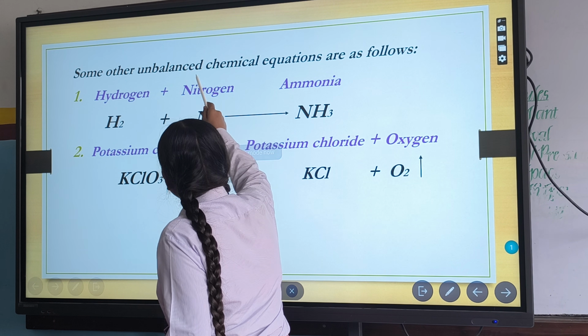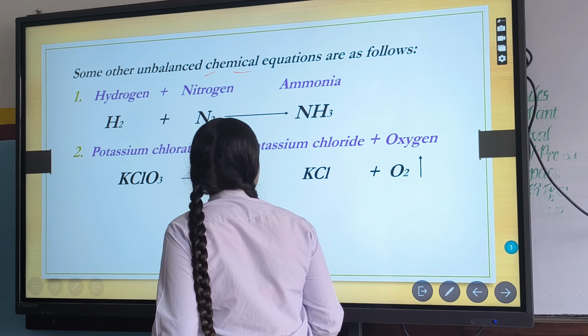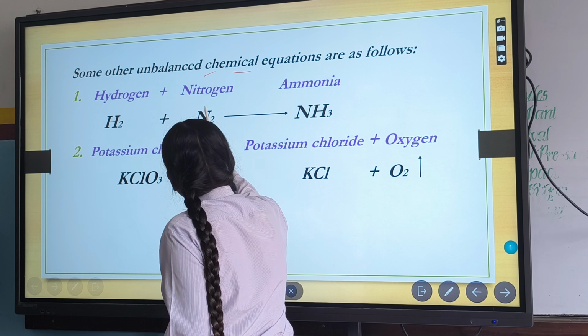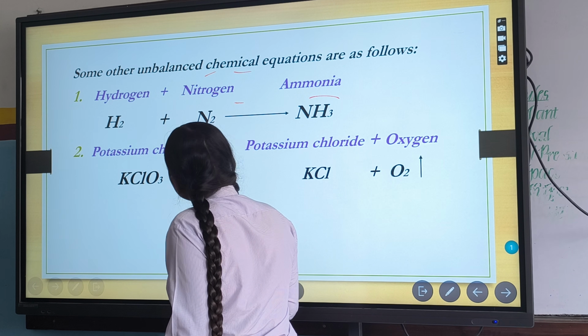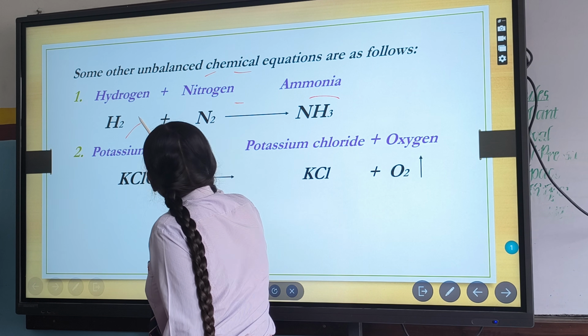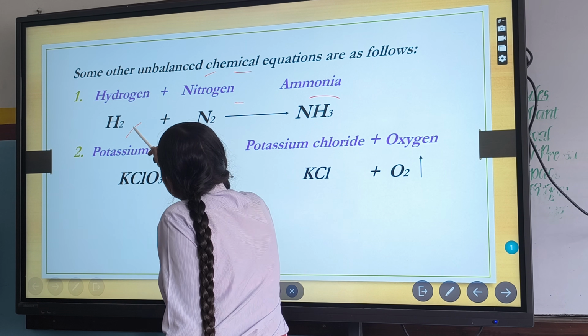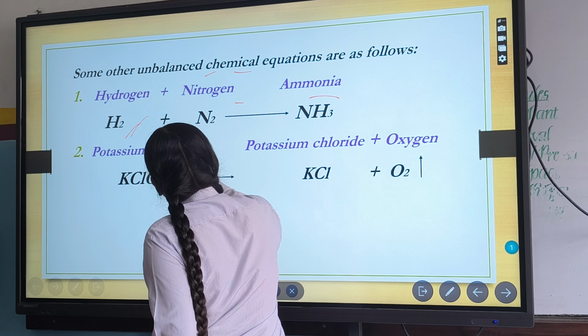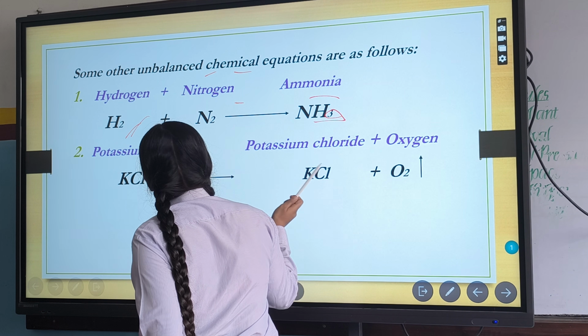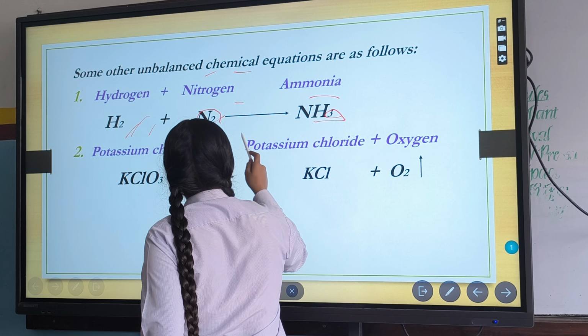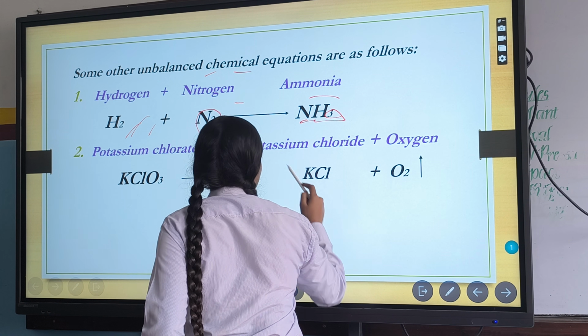Some other unbalanced chemical equations are as follows. Hydrogen plus nitrogen makes ammonia. Here is 2 hydrogen and here is 3 hydrogen, which is unbalanced, and here is 2 nitrogen and 1 nitrogen.